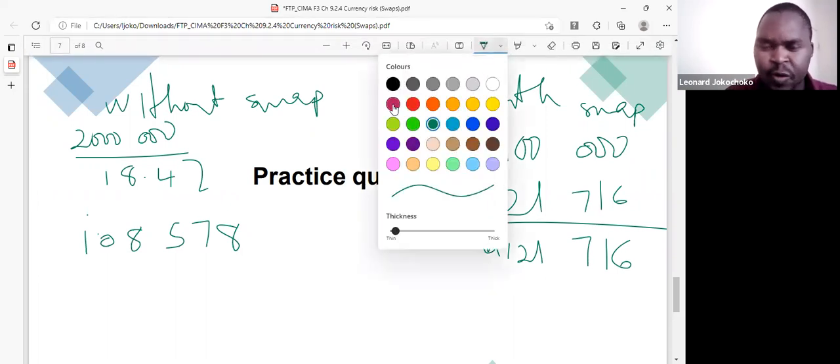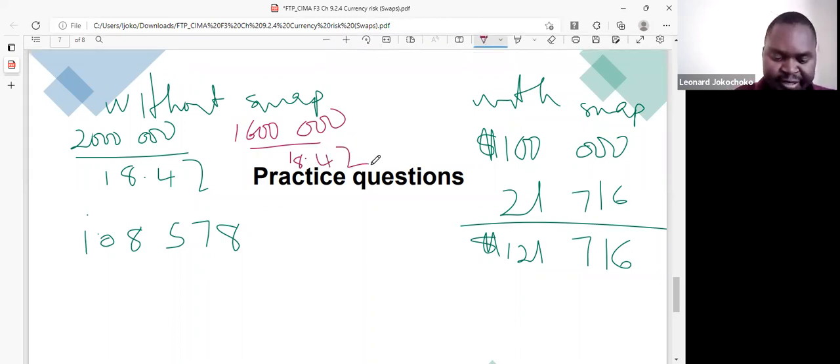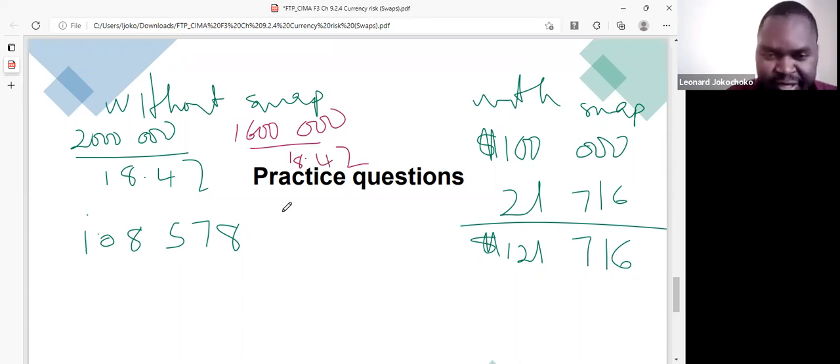What happened here in the first case, the 1.6 million, which they put in at the beginning, was also changed at 18.42. Therefore, 1,600,000 divided by 18.42 was going to give them only 86,862. So the swap has protected them, they still get the 100,000.